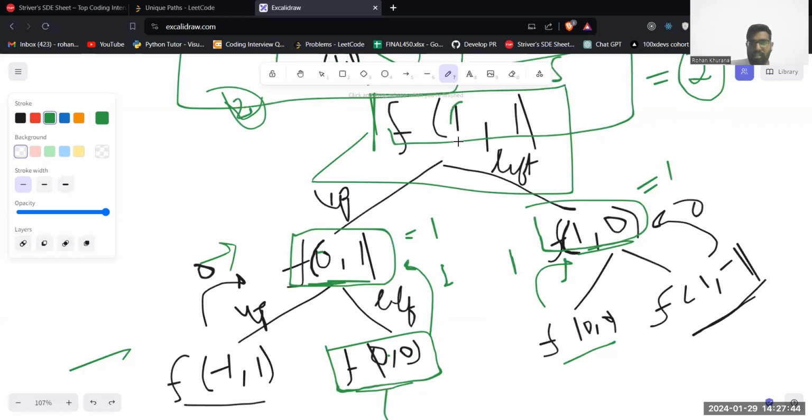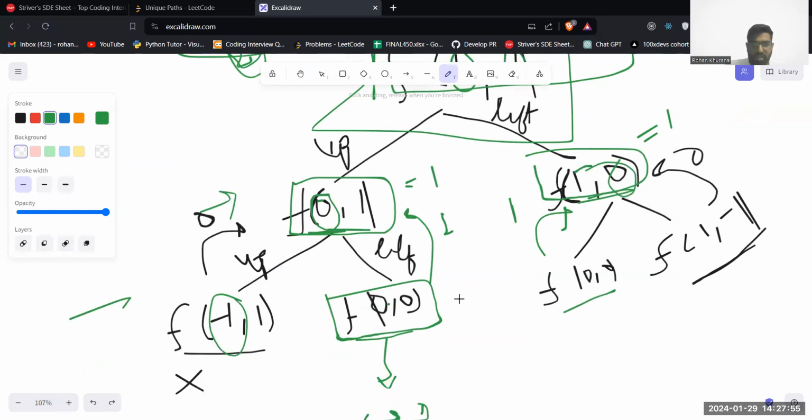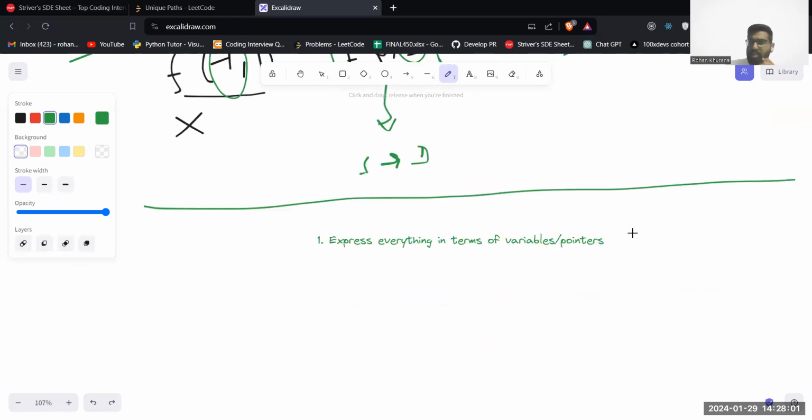Let's say this is row and this is column. Either the row changes or the column changes. So we can say that i, j will be our two things that are changing, so I can express it in terms of variables or pointers.